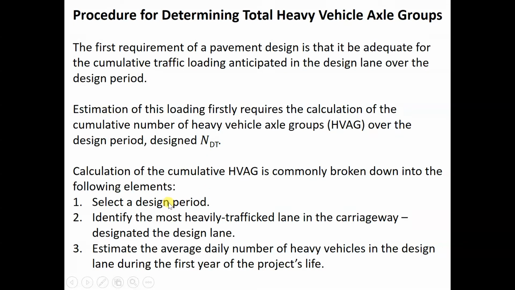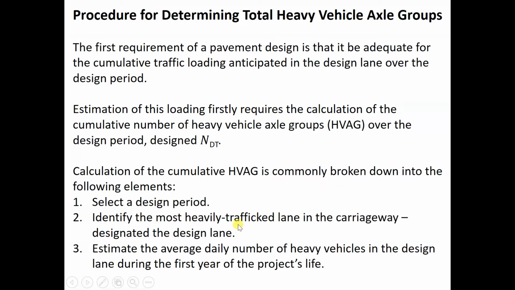So we first need to select the design period, and identify the most heavily trafficked lane in the carriageway, designated the design lane. If you got 2 lanes, which one is the most trafficked lane? We have to use that.